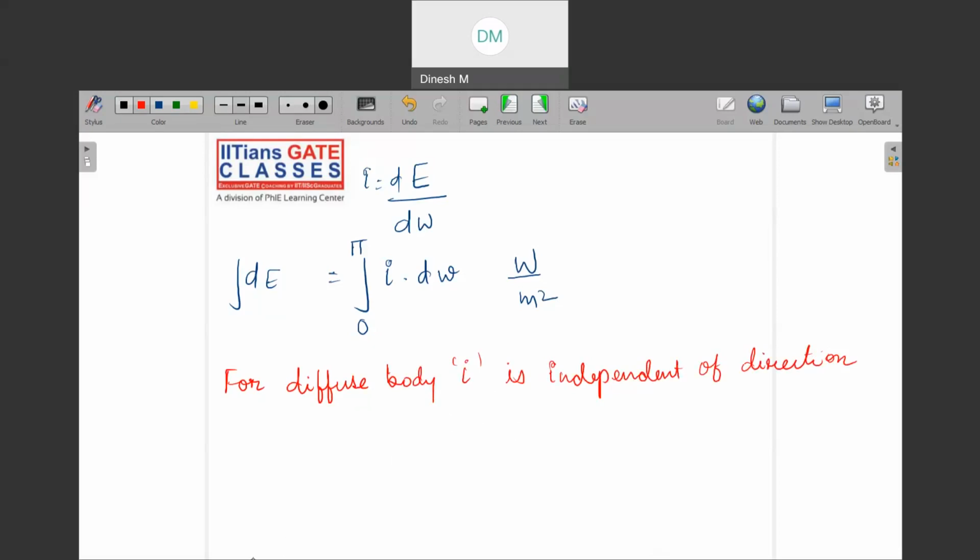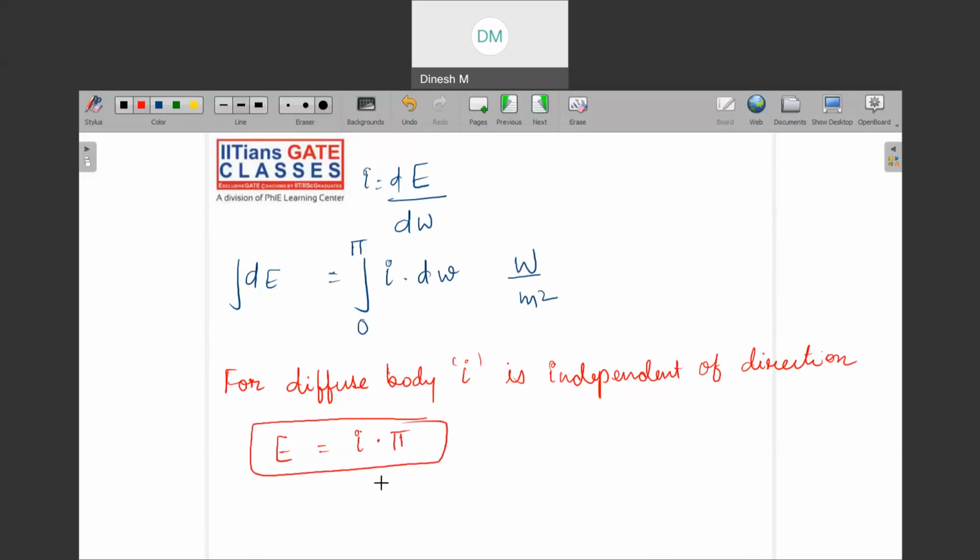Then I is uniform in all directions, and its dependency upon solid angle is nothing much, so I is constant, right? So now I can write that E for diffuse cases is I into pi.